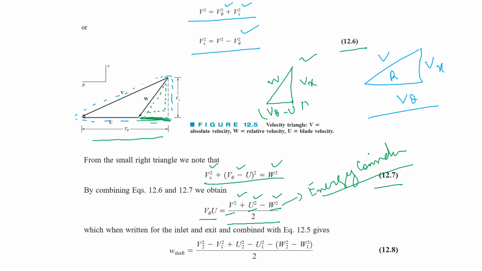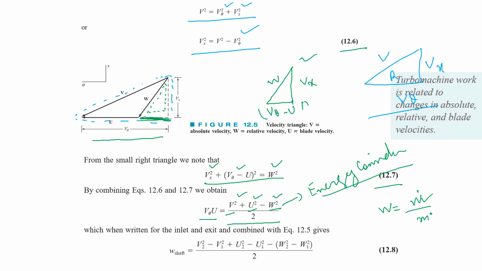Based on the previous equation that we had, the work done by the shaft, W dot over m dot, which was the power that is involved, by combining this equation with equation 12.5, if we write it in terms of the inlets and the outlets, the shaft work that we get is in terms of the difference of the absolute velocities squared at the outlet and the inlet, the difference of the blade velocities squared at the outlet and the inlet, and the negative difference of the relative velocities squared at the outlet and the inlet, divided by 2.